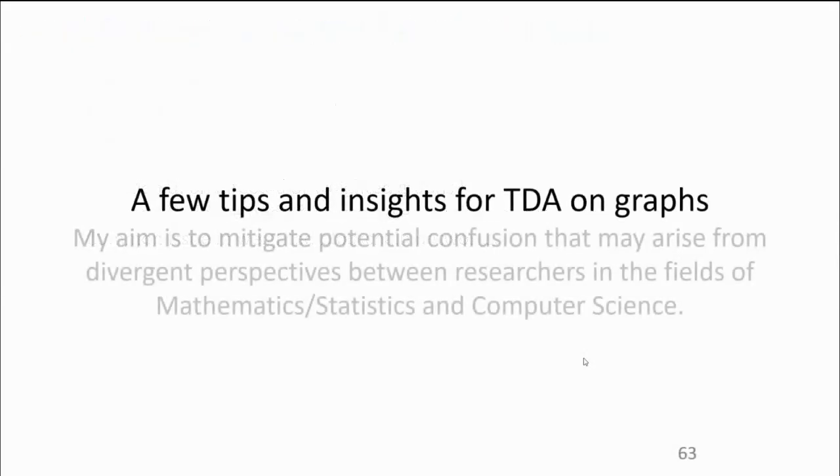So now I will, in 2-3 slides, give you a few tips and insights for TDA. The main goal is to avoid confusion that arises from divergent perspectives between researchers in the fields of mathematics, statistics, and computer science. And here is one example.